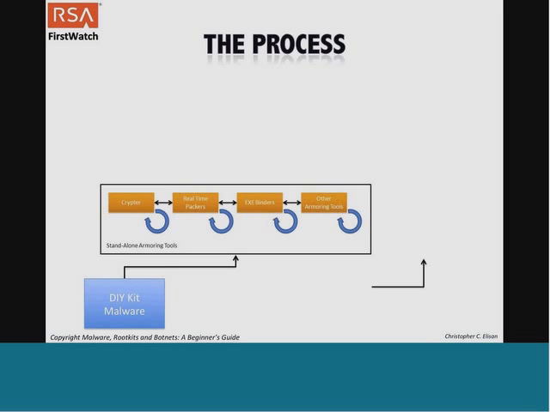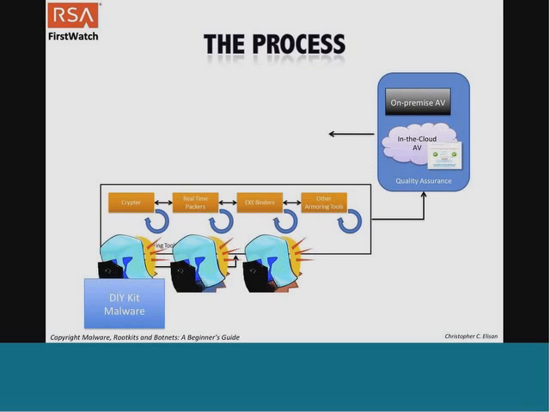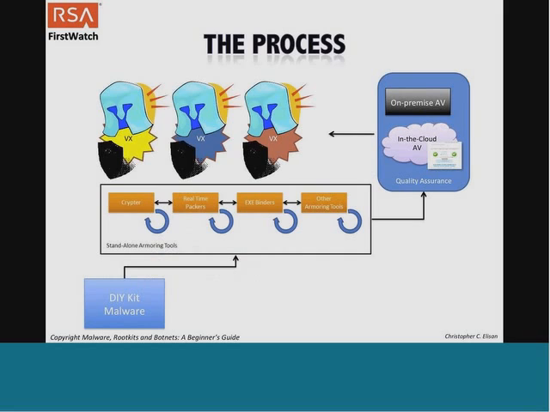Once you have all of those, you submit it to your quality assurance process, which is an in-the-cloud AV or on-premise AV, network security appliance, or whatever. If it passes the quality assurance, meaning it's not detected by any security product that your target is using, then you're good. Now you have yourself an army of armored malware.